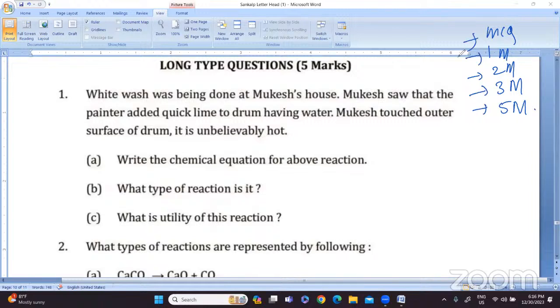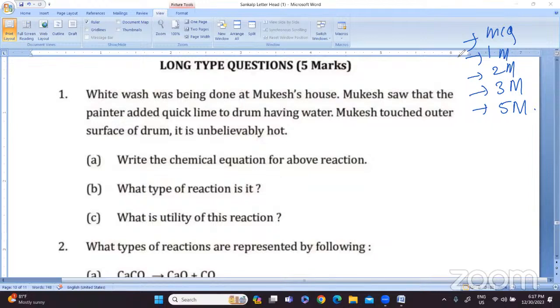Whitewash was being done at Mukesh's house. Mukesh saw that the painter added quicklime to a drum having water.